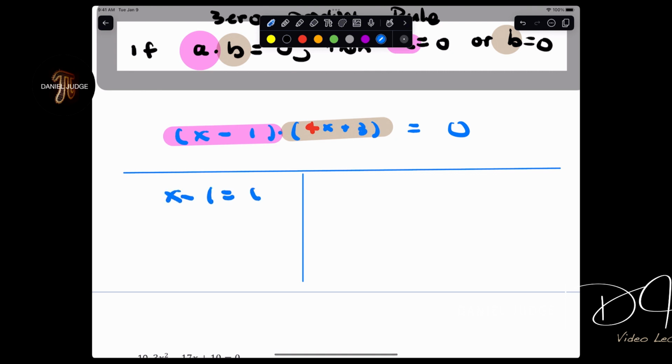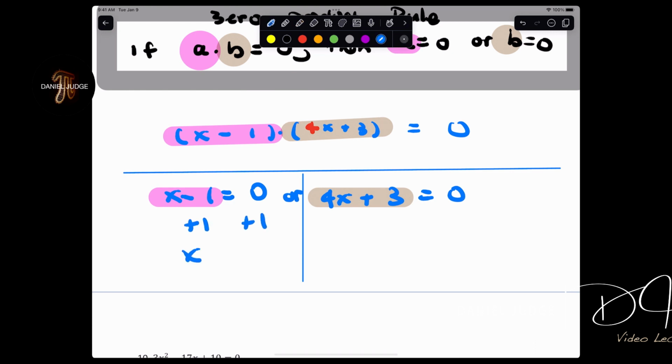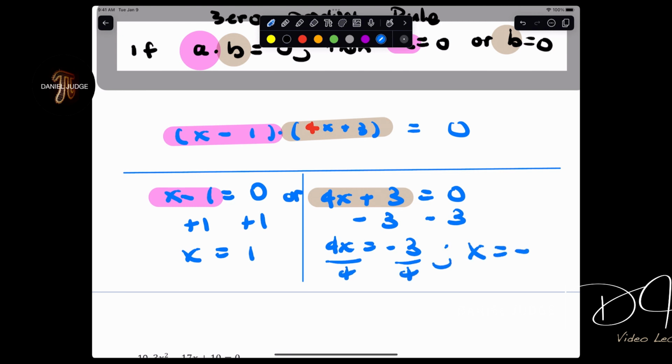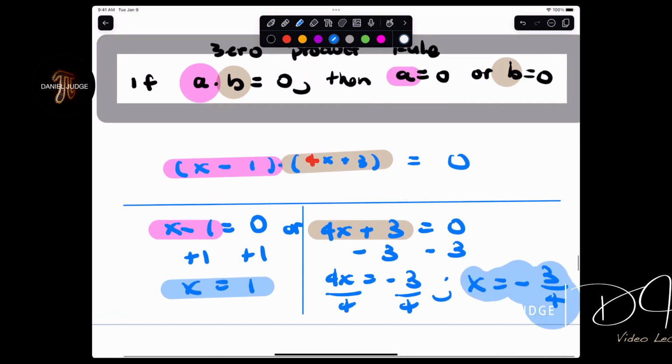X minus 1 equals 0, or 4x plus 3 equals 0. So now we're going to add 1 to both sides, and we get x equals positive 1. Subtract 3. 4x is negative 3. Divide both sides by 4, and we get x equal to negative 3/4. And there you go.